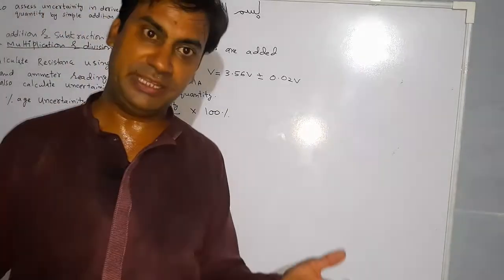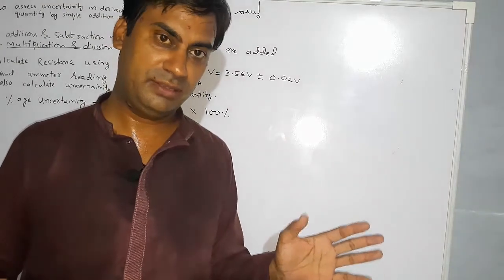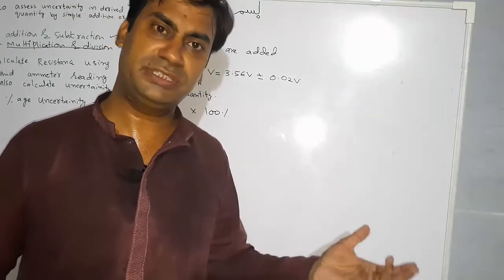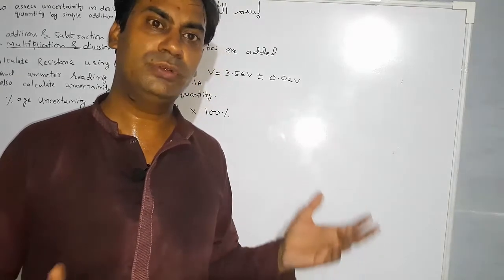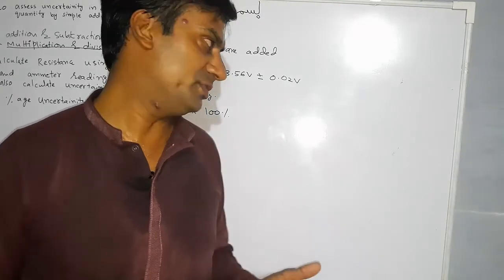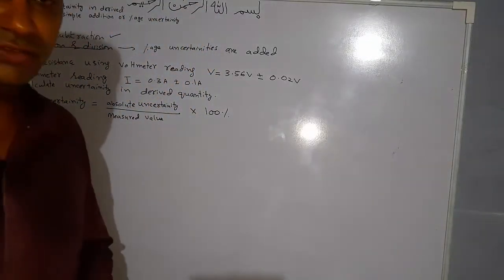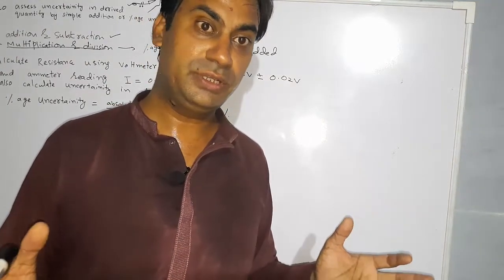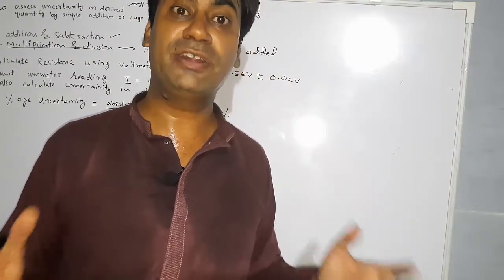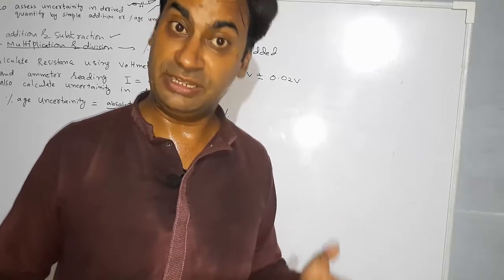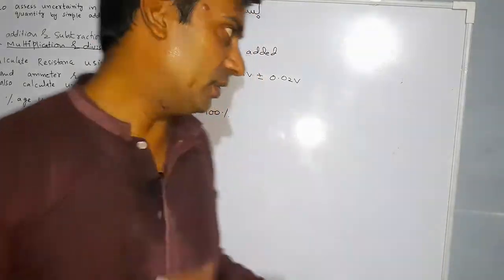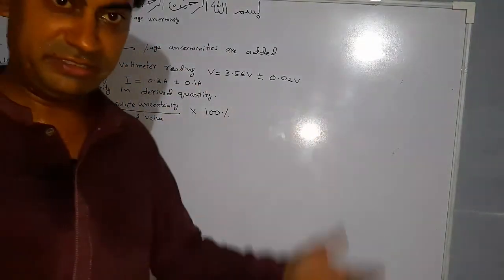In the beginning of the lecture, I told you that for any measurement, first, we use instruments and devices. The second thing is that we can never measure the reading with 100% accuracy. There is uncertainty, and we are calculating this uncertainty in different cases.